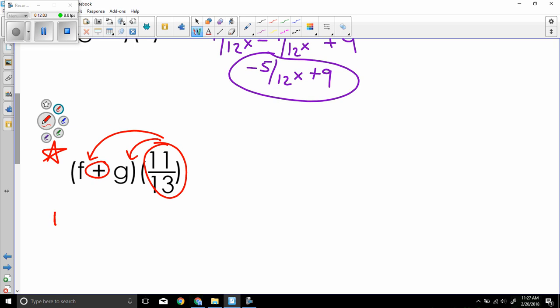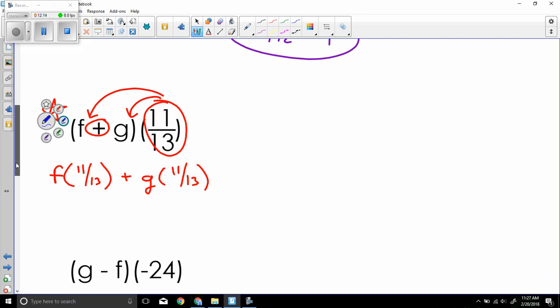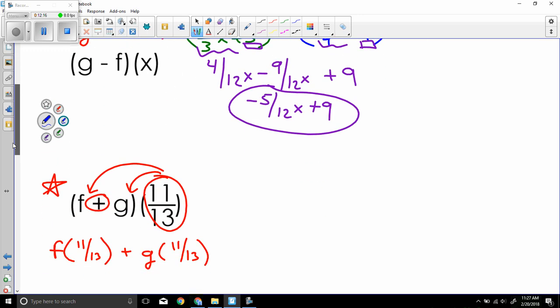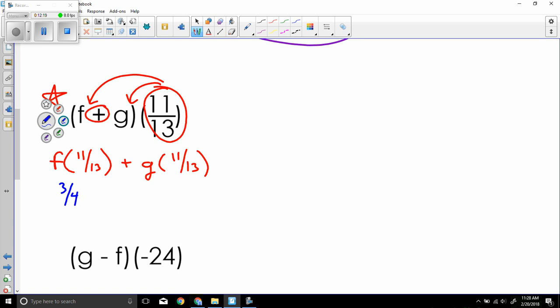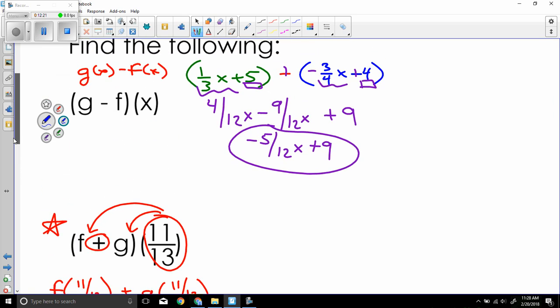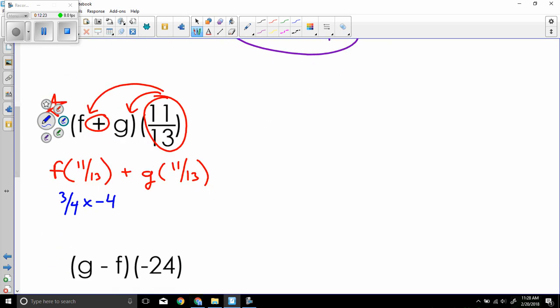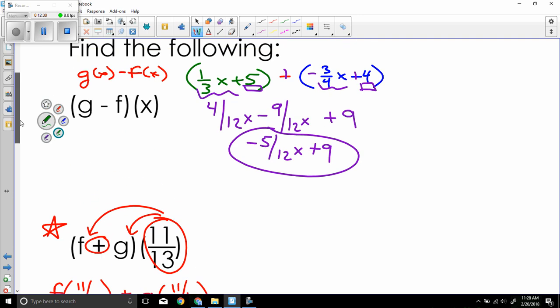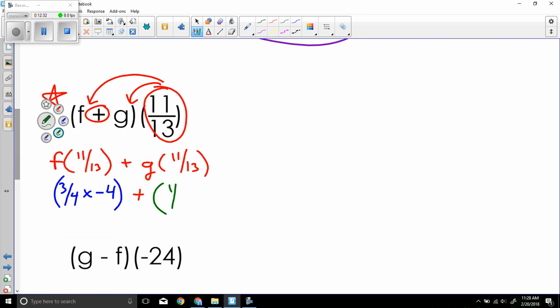All right, so now that you've had a chance to try that out, I'm plugging in 11/13 into f and 11/13 into g, and I'm adding. Well, all the way back up here, f is 3/4 x minus 4, plus my g, which was 1/3 x plus 5.